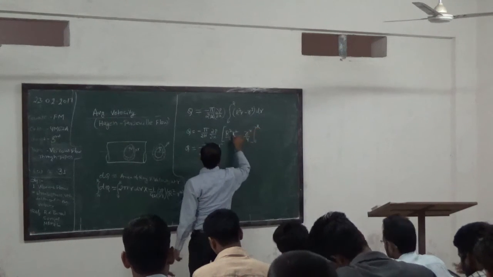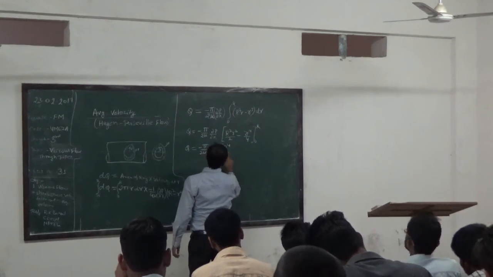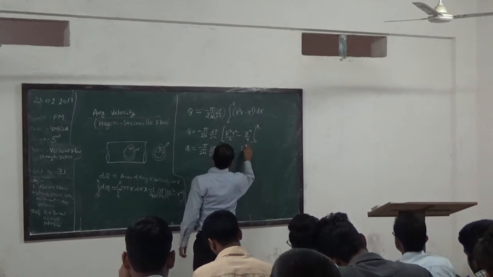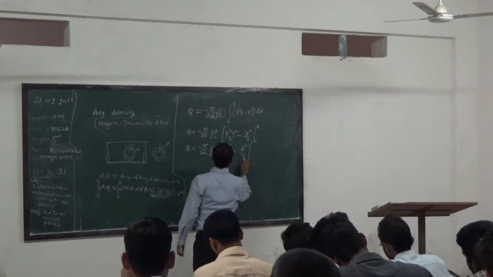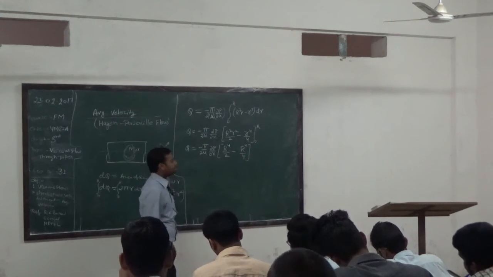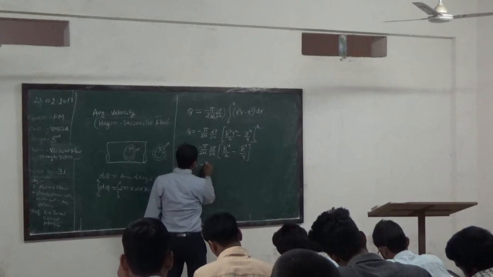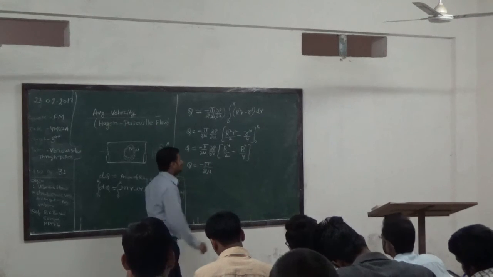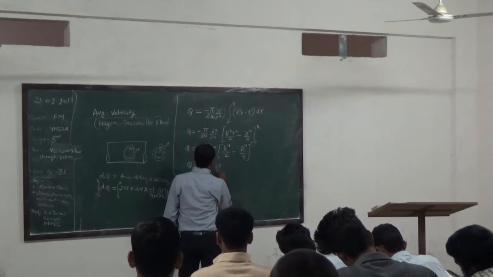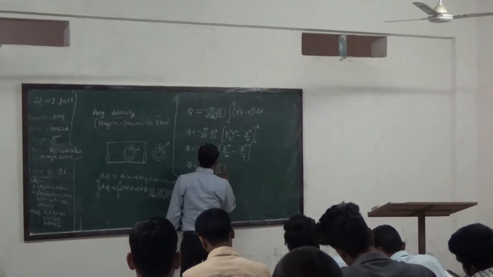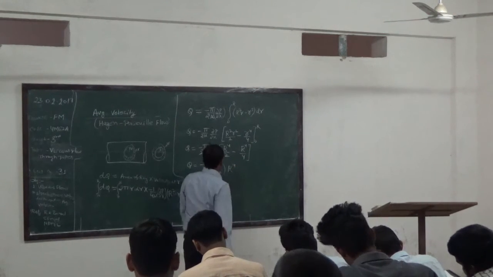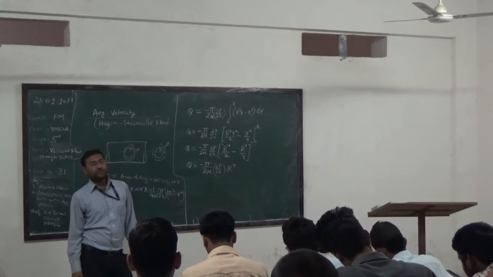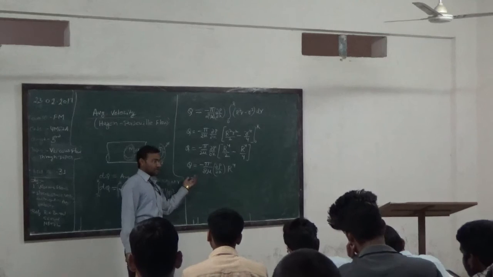Substitute the limit capital R. So R4 by 2 minus R4 by 4. Q will be minus pi by 8 mu del p by del x R to the power 4. This is the value of discharge.